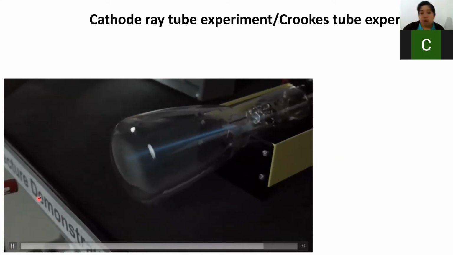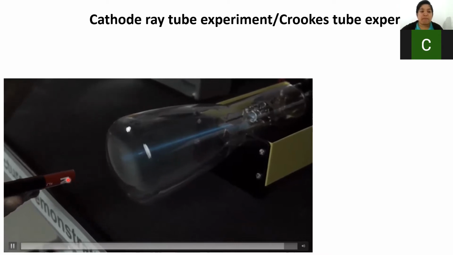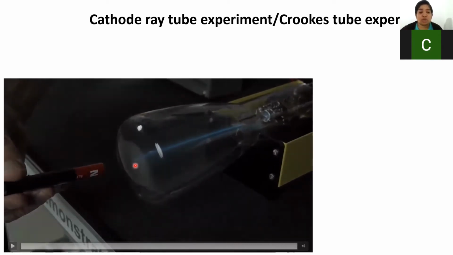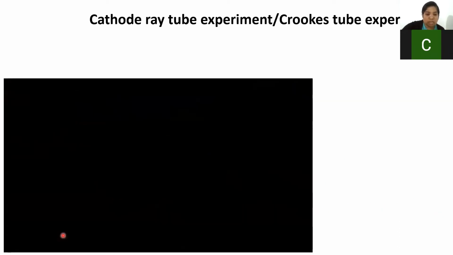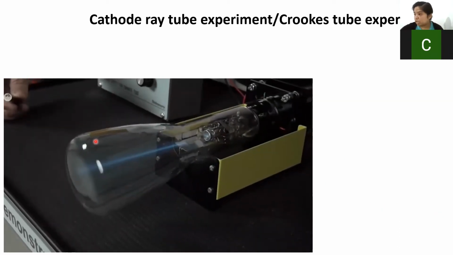And if you hold the magnet parallel to the beam, it's not going to deflect at all. So holding the magnet, giving a magnetic field parallel to the cathode rays is not going to cause any deflection. The deflection occurs only if you hold it perpendicular to the beam.